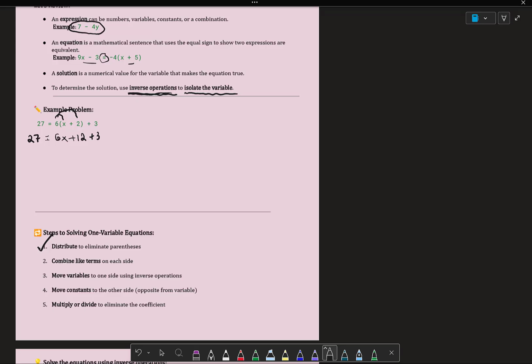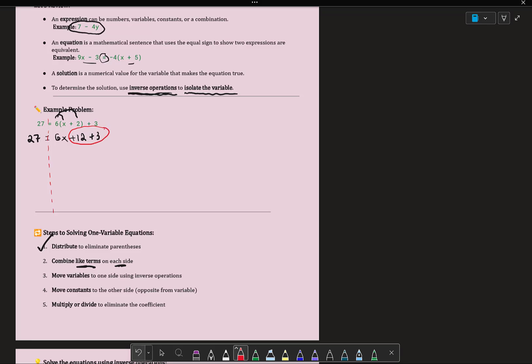Step 2, combine like terms on each side. When we say each side, remember we're talking about each side of this vertical line that we can divide right through the equal sign. So on the left side, there's only a 27, so there's no like terms on the left side since there's only one term. On the right side, our like terms are positive 12 and positive 3.